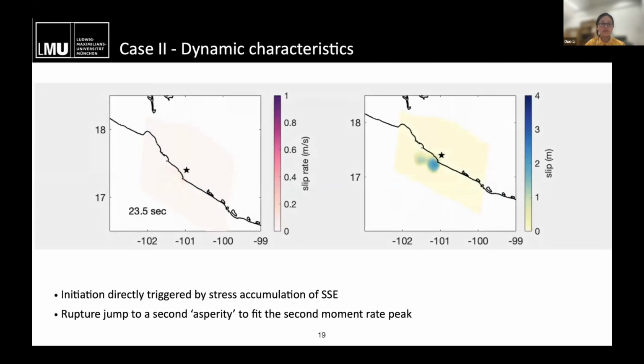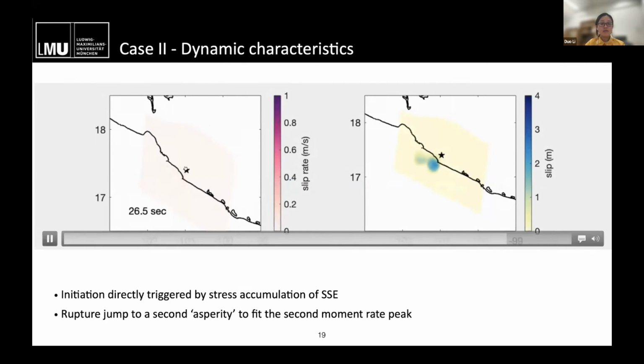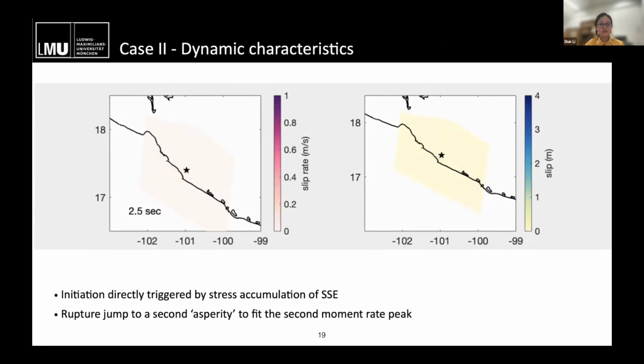So here is a dynamic rupture of our earthquake. You will see the appearance of co-seismic slip gradually nucleate from the hypocenter. We didn't use any additional shear stress to trigger the earthquake.